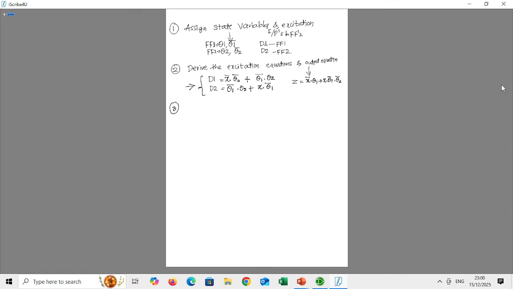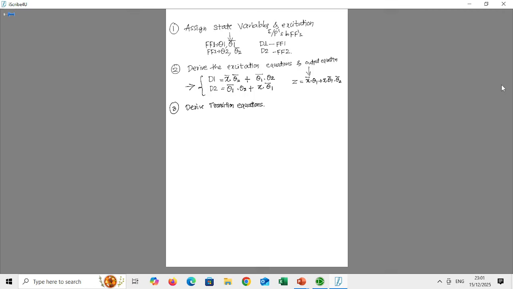From the excitation equations and output equations, now we have to derive the transition equations. So what are the transition equations? Transition equations are nothing but the characteristic equations of the flip-flops.